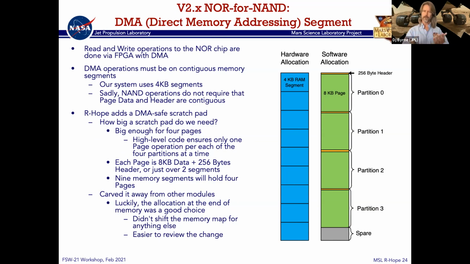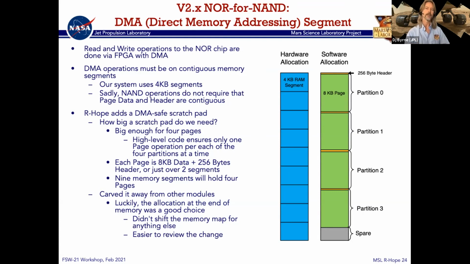Because on our hardware, for the DMA pieces, the smallest thing you can allocate is 4 kilobytes. But a page is 8 kilobytes, so that maps in nicely until you add the 256 bytes, and suddenly you don't have all these alignments, and you had to pay attention to that.